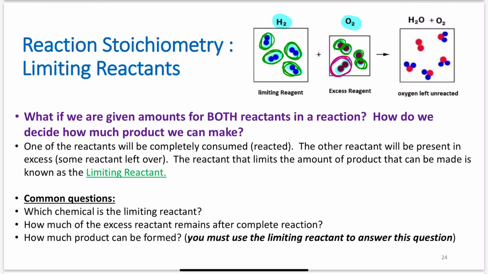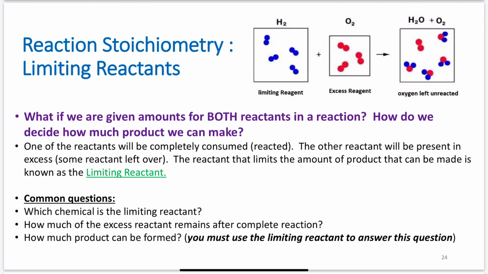So I can't just look at the balanced equation directly. The balanced equation is needed, yes, but I have to do some math on it and figure out how the balanced equation, along with the mass of those species, directly tells me what is my limiting reactant and what is my excess reactant. So one of the reactants will be completely consumed or reacted in a reaction. The other reactant will be present in excess, meaning some reactant is left over at the end of the reaction.